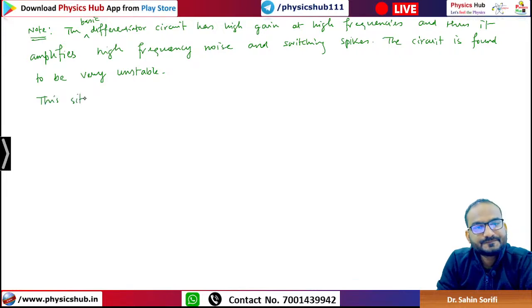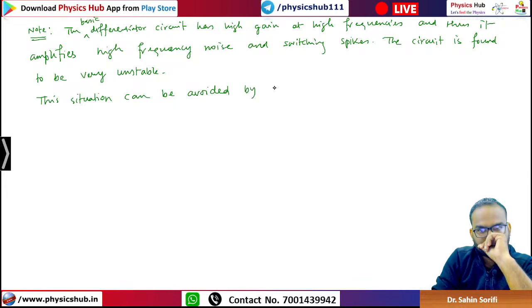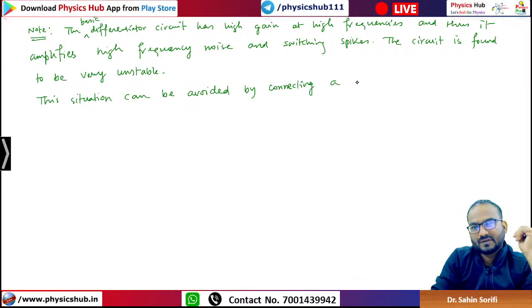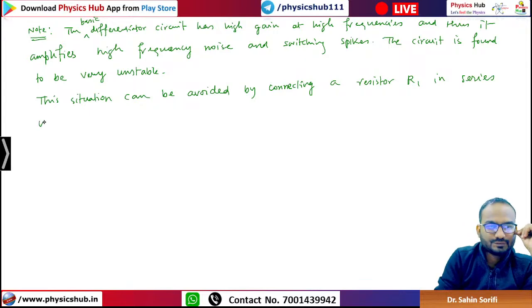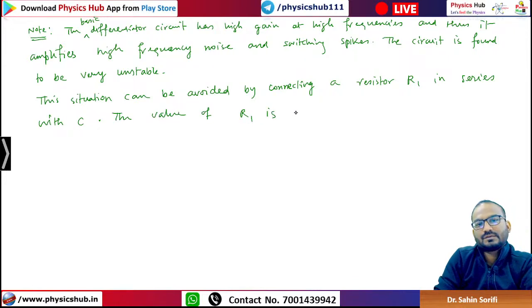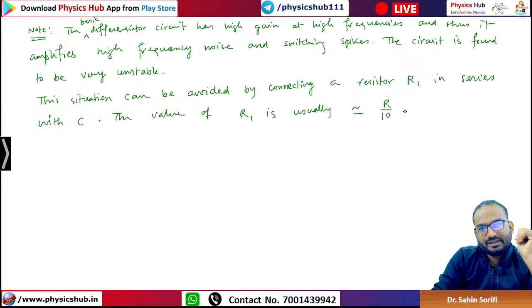This situation can be avoided by connecting a resistor R1 in series with C. The value of R1 is usually of the order of R by 10 to R by 100.